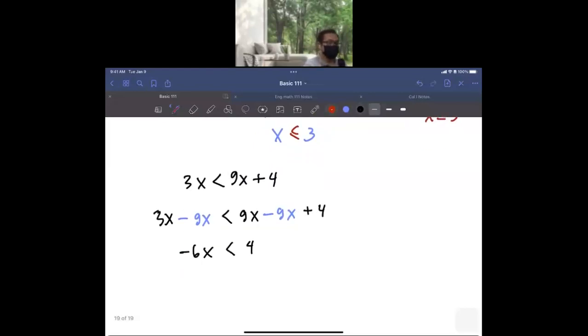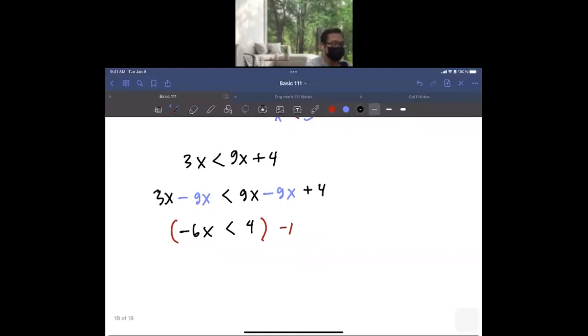Now in an inequality, if you want to make this x positive, you multiply by negative 1, or negative 1 over 6, so that we cancel the 6, and then this will be x, and the inequality will change to greater than negative 2 over 3.